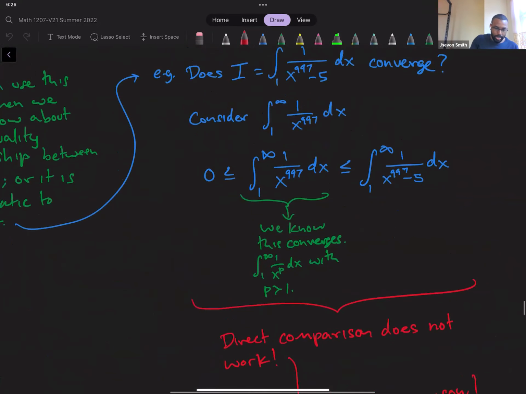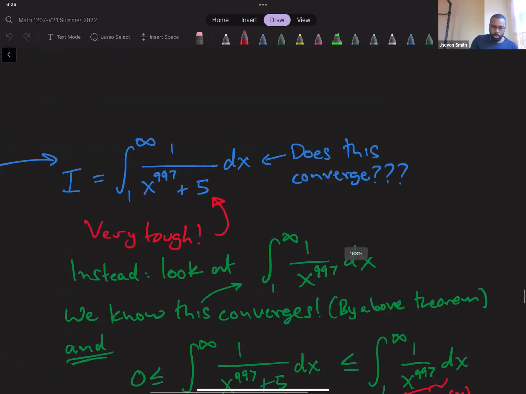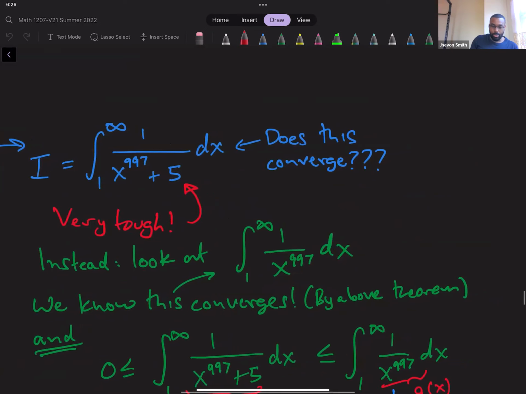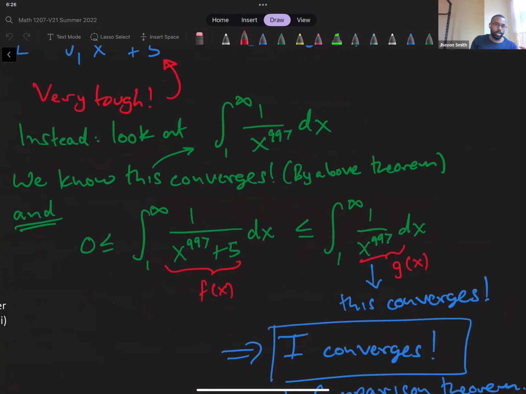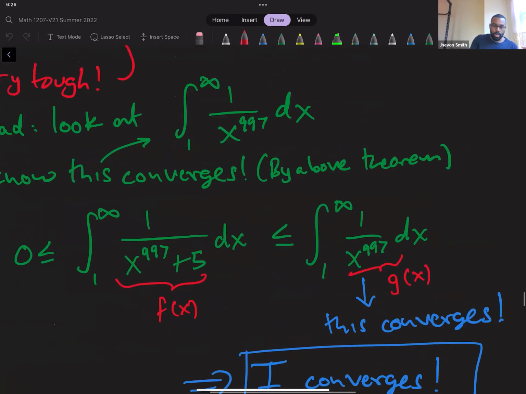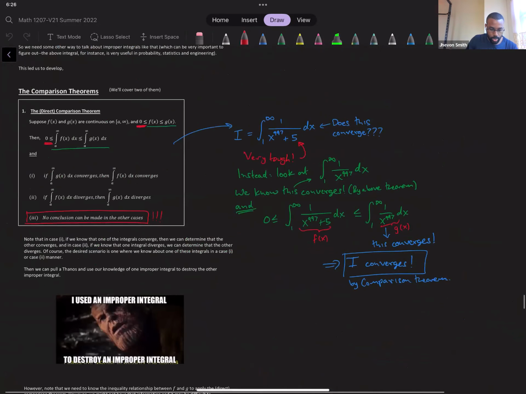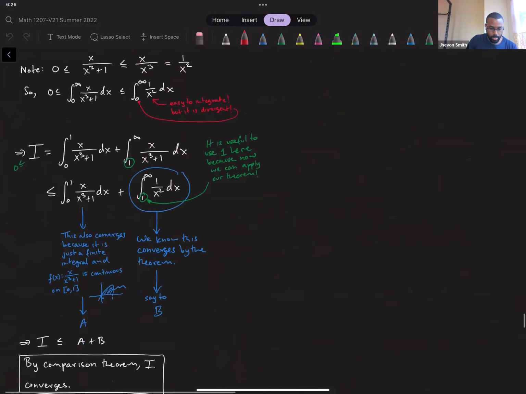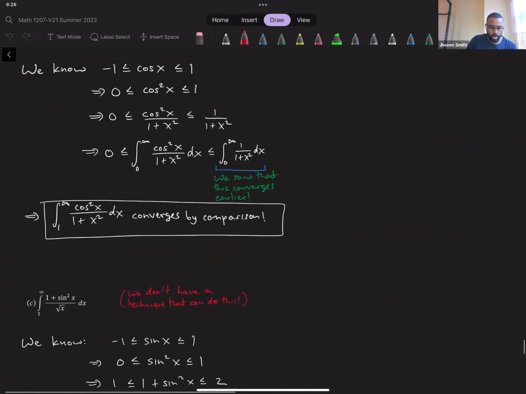Well, I'm actually looking at an example for the limit comparison test. Yeah, this one with the +5, we want to know whether it converges, but it's very hard to integrate. But we can look at this one, which looks like a 1 over x to the p integral. And since we know it converges and it's larger, then the other one converges. If the middle one diverges, then the upper one diverges as well. And so those were the comparison theorems. And we did a few examples of that using comparison to actually talk about whether integrals converge.